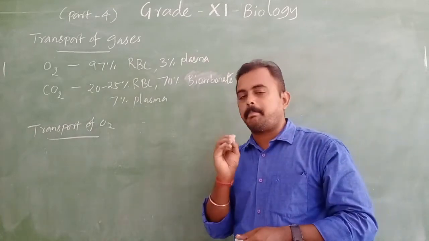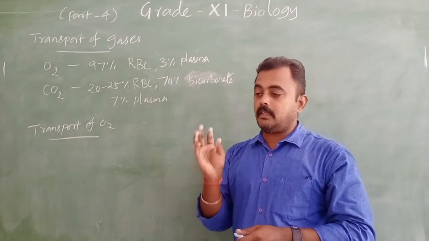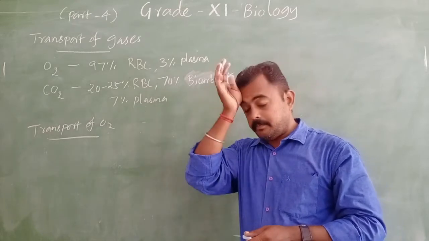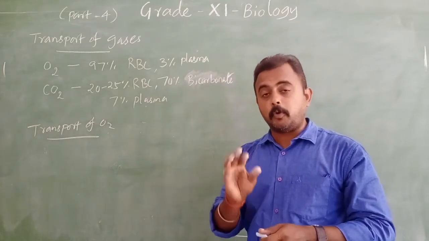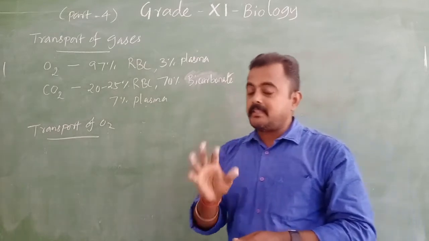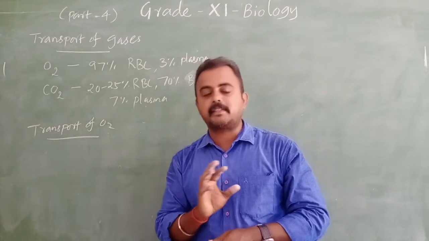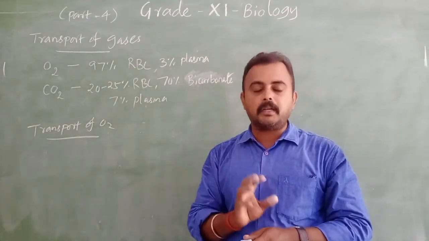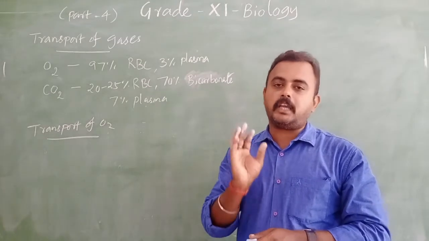RBC is one blood cell. In that we have hemoglobin, that is the pigment. RBC is not a pigment. RBC is one blood cell, and that blood cell consists of one pigment, that is hemoglobin.